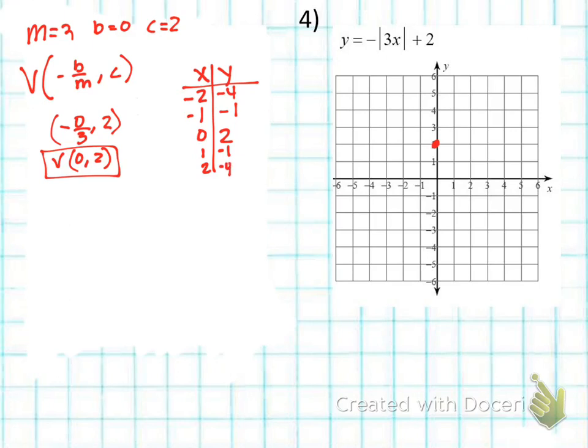So, plug in my points. Using your straight edge, get your ID cards out so it looks really nice.